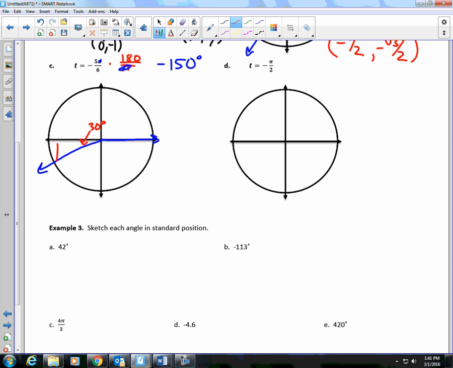I will make a triangle with the x-axis. So what kind of special triangle do I have? A 30, 60, 90. My objective is to determine the location of the terminal point.